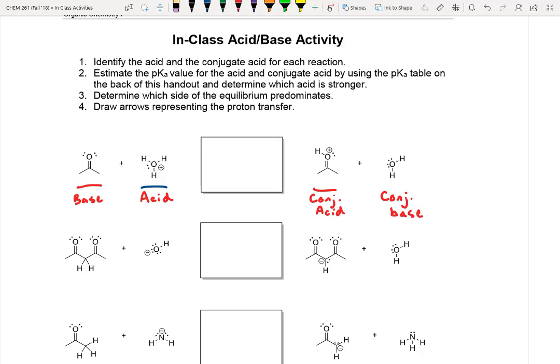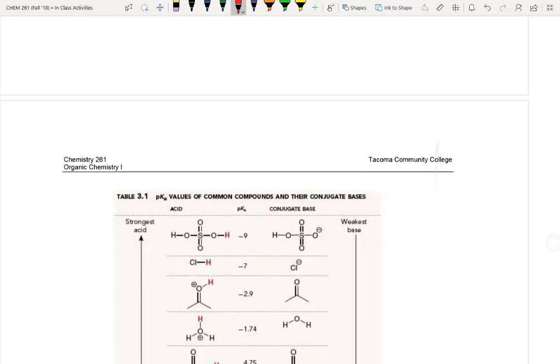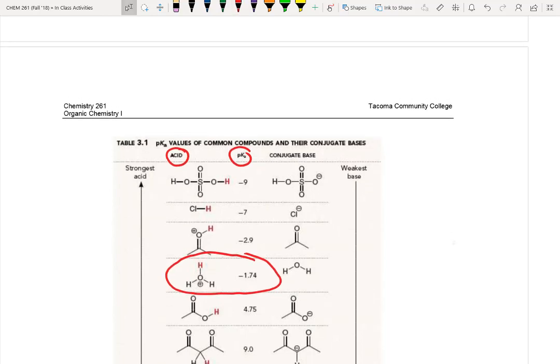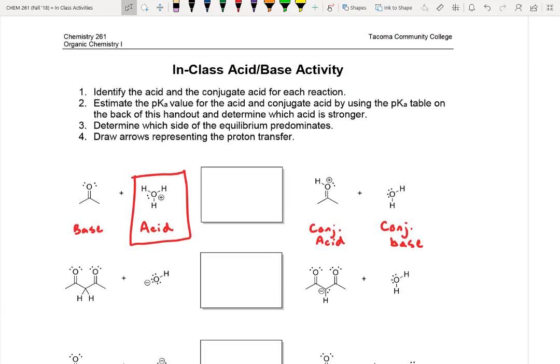Okay, so now we've identified our acids and bases for step one. Now we need to estimate the pKa of each of our two acids. So let's try to find the pKa for the acid on the left hand side. So hydronium ion. If you go and look at the chart, it tells you the acid and the corresponding pKa. Looks like it's negative 1.74. So let's plug that in.